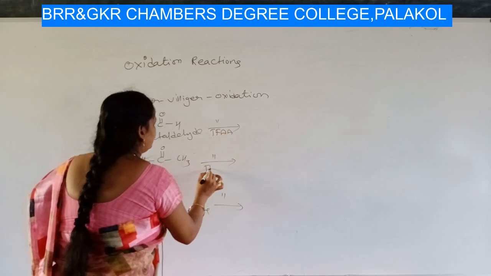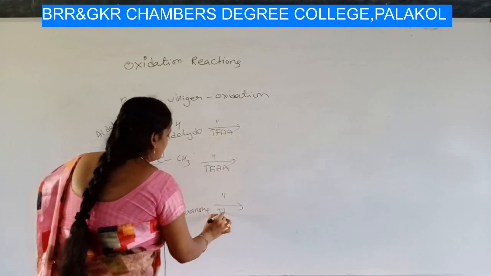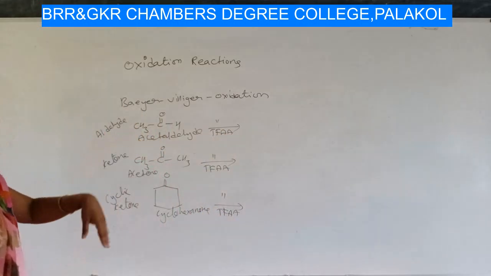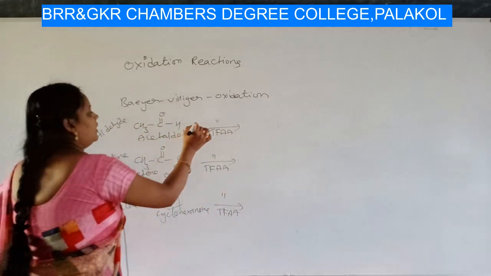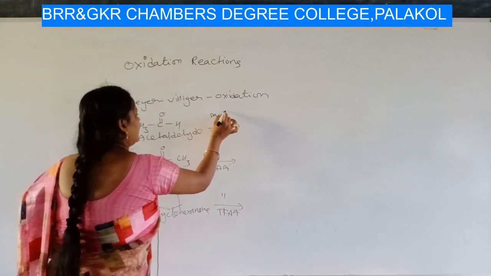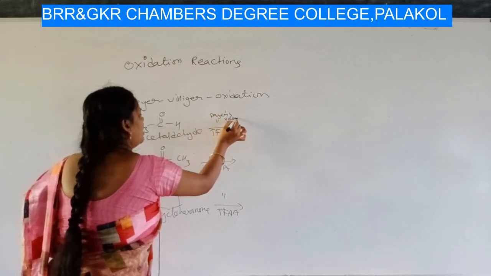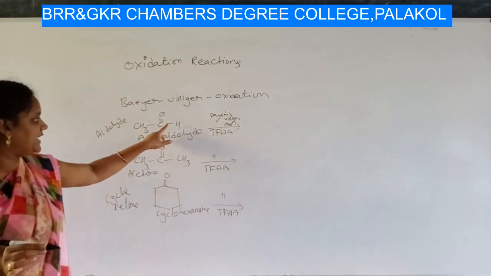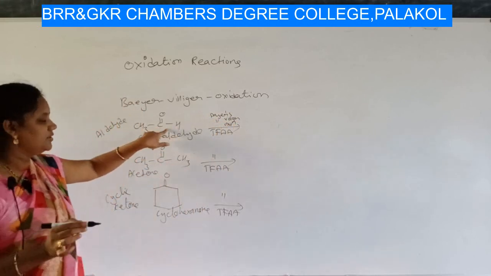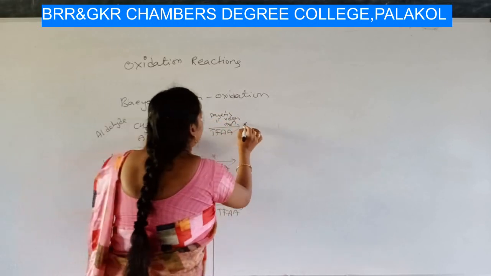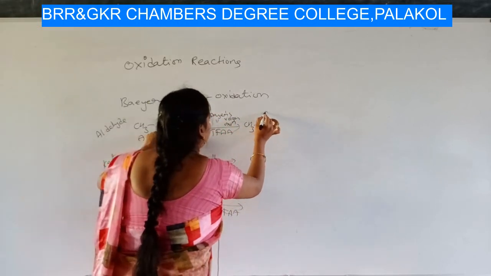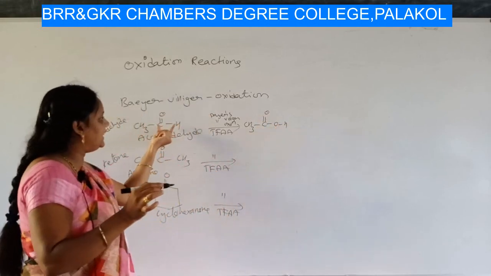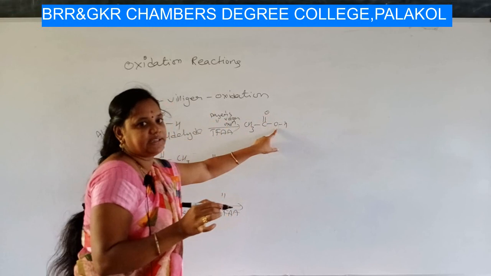You can use any one of these reagents. So let us take TFAA. What happens when it undergoes Baeyer-Villiger oxidation? As I said, insertion of oxygen takes place between C and H. Write the answer along with me. Understood, students? Between C and H, insertion of oxygen takes place.